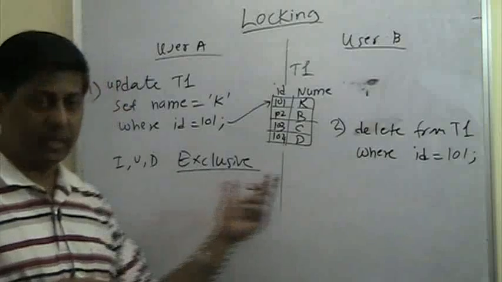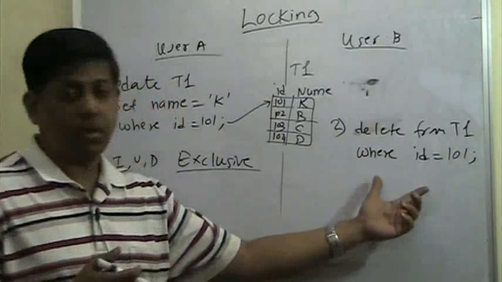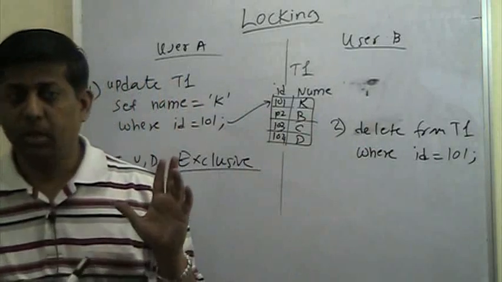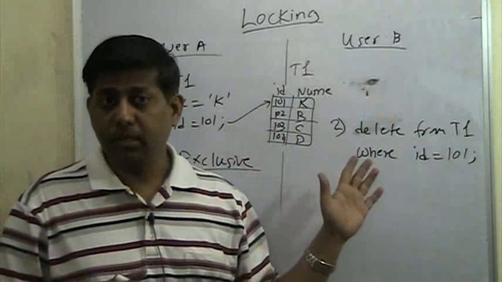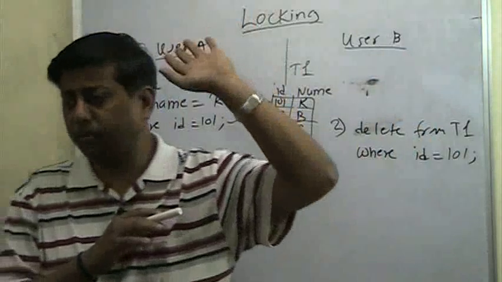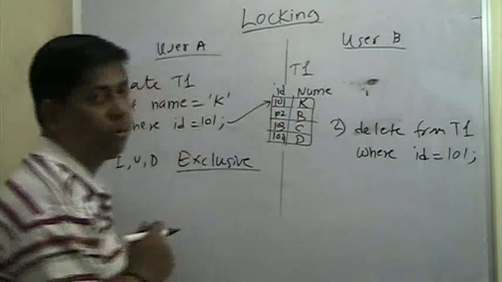Obviously insert doesn't make sense here because it's a different row. Nobody else can do an update or a delete of that row because I have locked it in an exclusive fashion. When I have locked a row exclusively, other people can just do a select, and during that select they will not see my change, they will be seeing it from the undo. So this delete statement will not work.